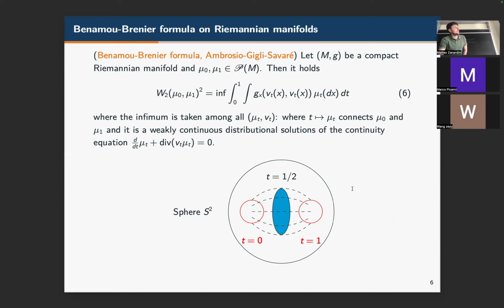Rather, the right-hand side only depends on the Riemannian structure, so it does not depend on the Wasserstein problem. So you have this beautiful duality between the Wasserstein structure on measures and the Riemannian structure that is lifted to the space of measures via this continuity equation.